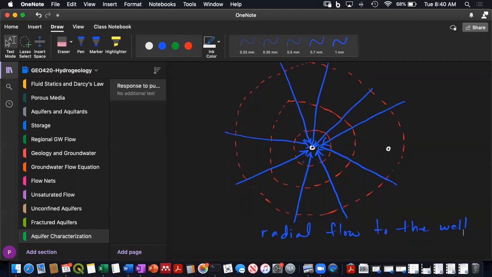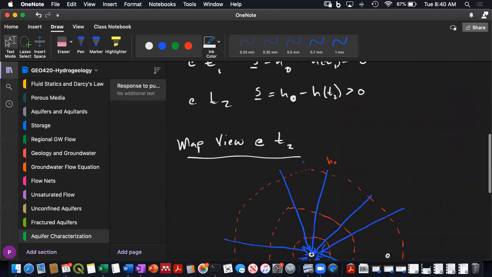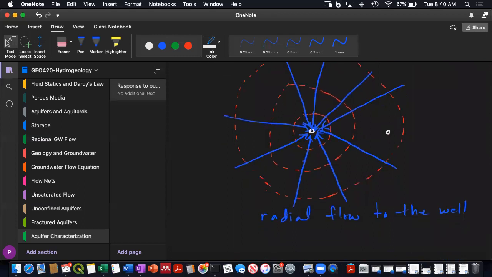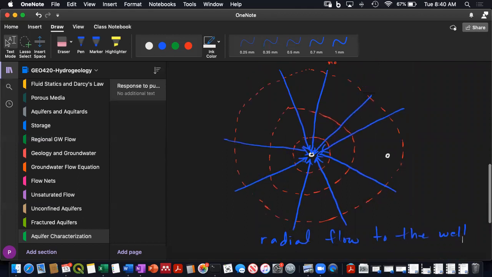And then we use the solution. We match that solution to the data by varying the aquifer parameters. And once we find the aquifer parameters that fit the data the best, we say those are the aquifer parameters that best describe our aquifer.